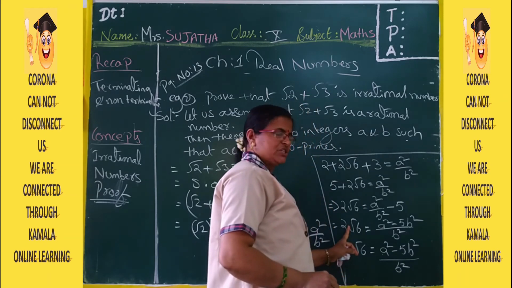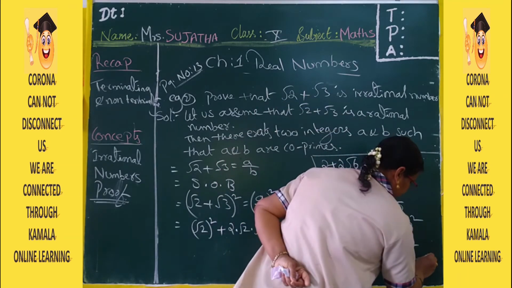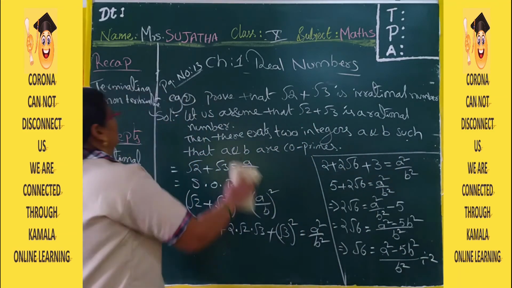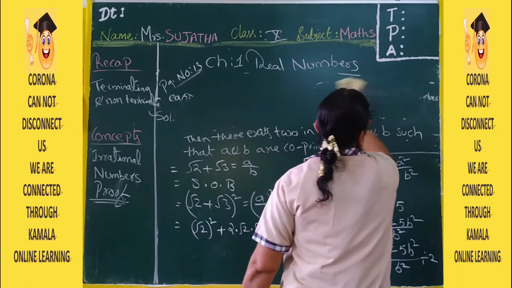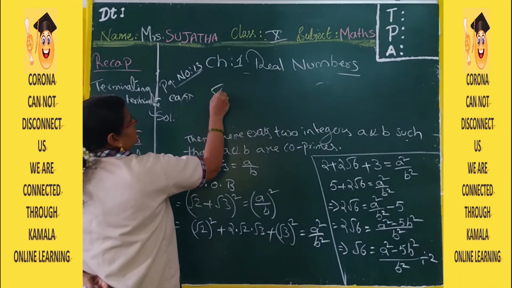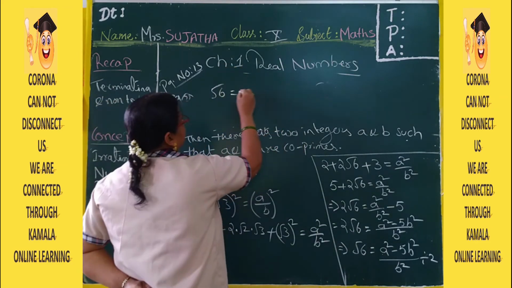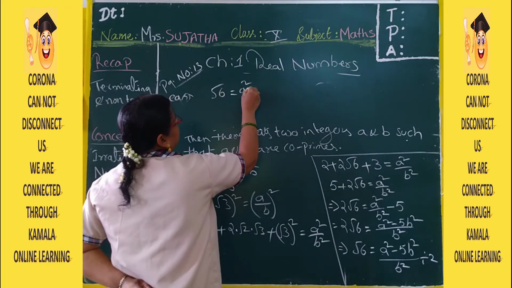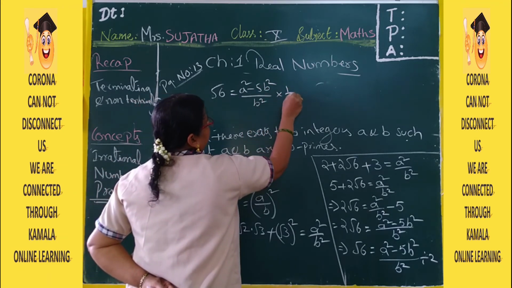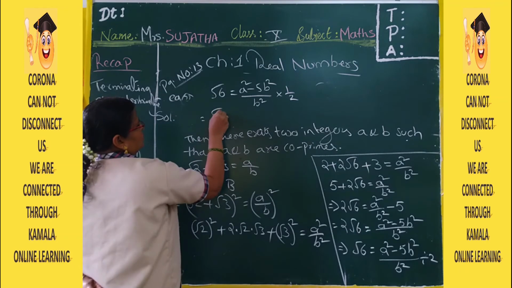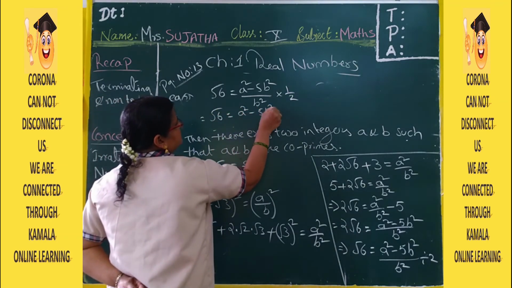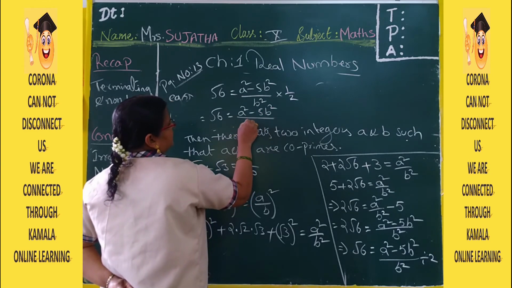Here I want only root 6. The 2 is in multiplication, so when it goes to the other side it becomes division. So root 6 is equal to a square minus 5b square by b square into 1 by 2, that is root 6 is equal to a square minus 5b square by 2b square.